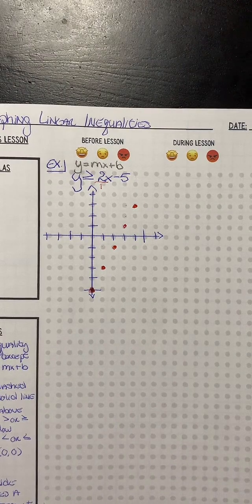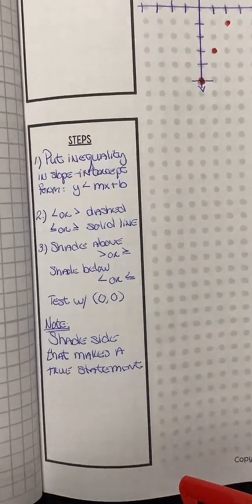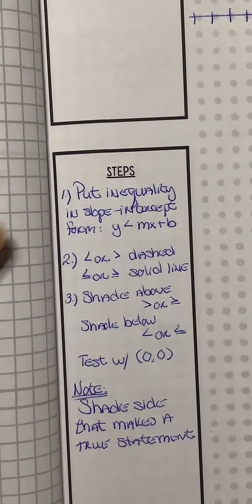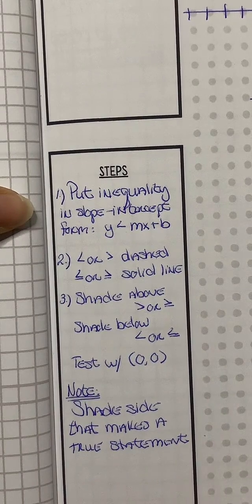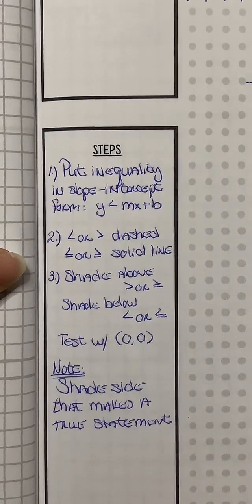Now, let me slide over and zoom in to my steps. First we put them into slope-intercept form, which in this case it already was. But then here are a couple of rules.